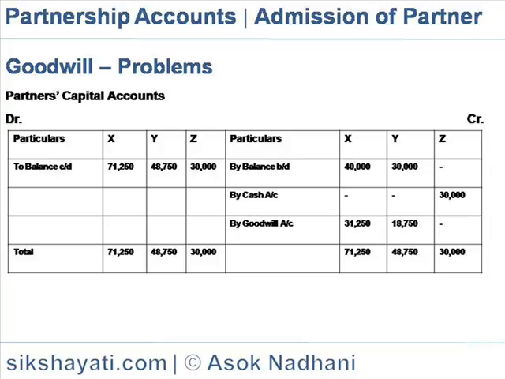So 31,250 is credited to X, 18,750 is credited to Y. So the balance carried forward for X is 71,250, Y is 48,750 and Z is 30,000 in the capital account.